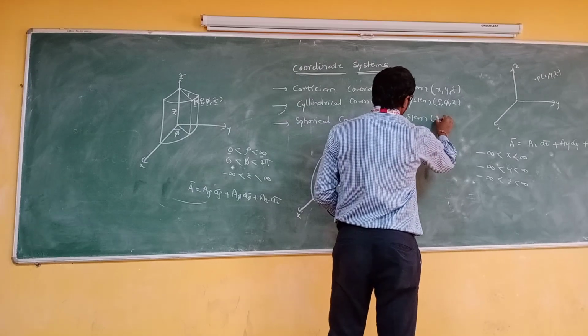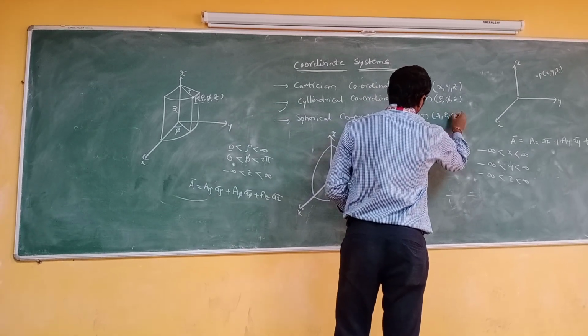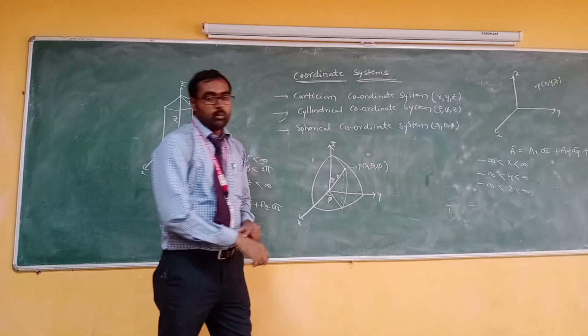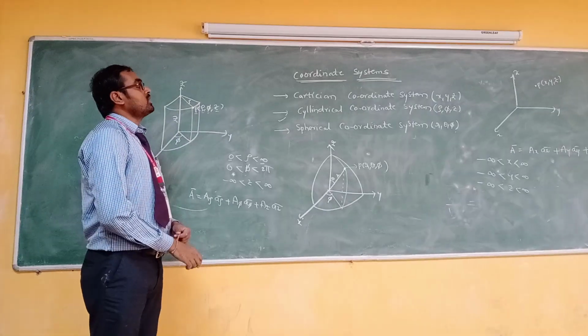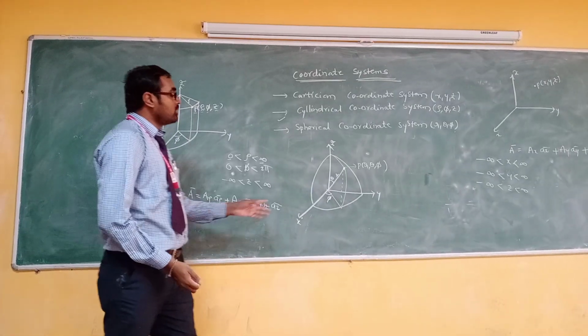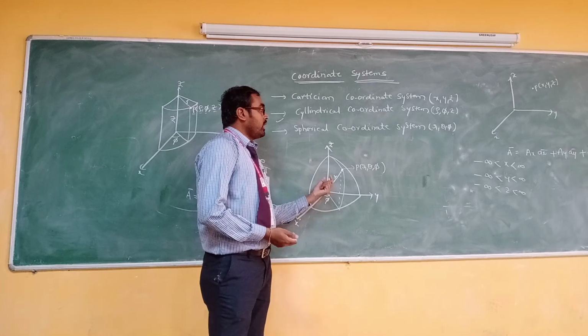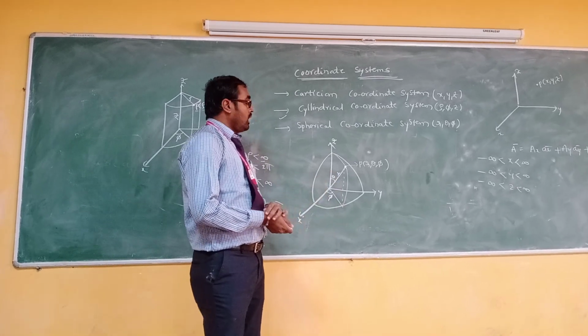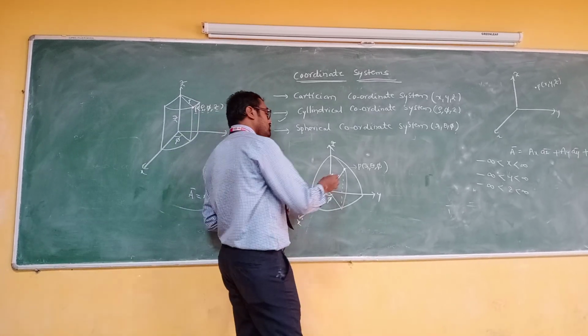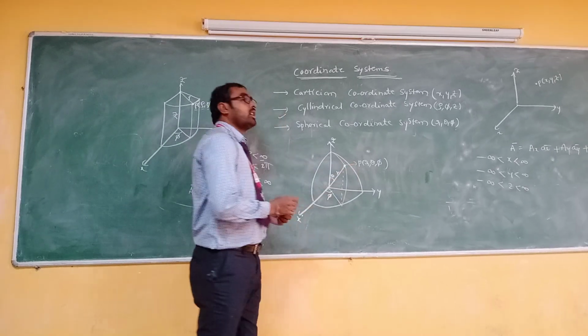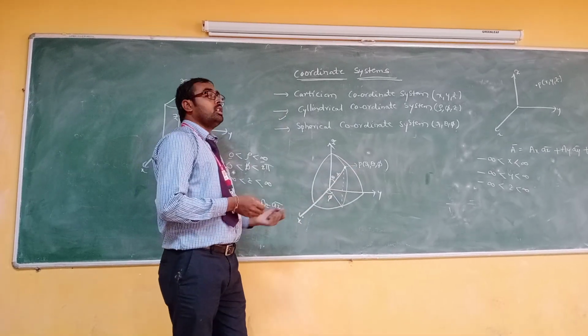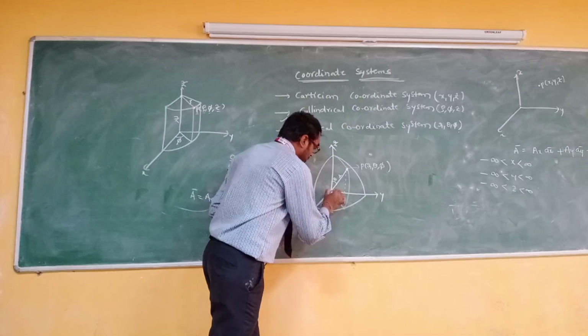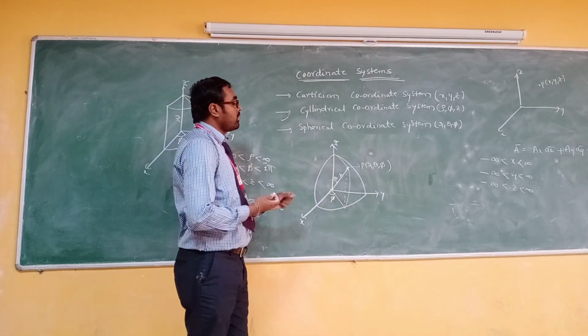The spherical coordinate system coordinates are r, theta, phi. What are the r, theta, and phi values? The r value is the radius of the sphere from the origin.